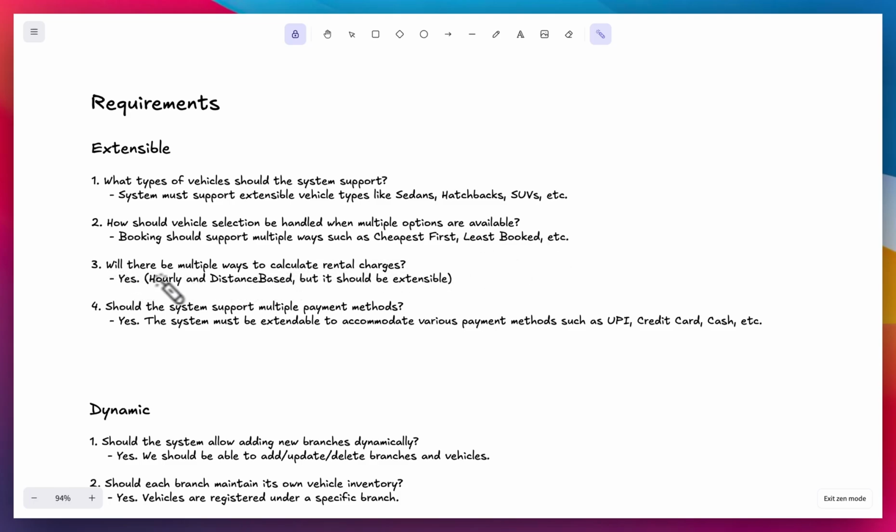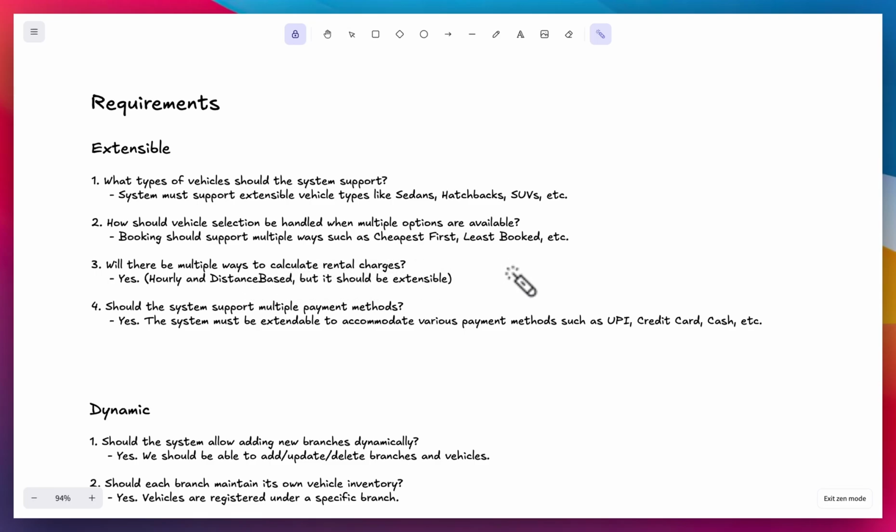Then the third point says, will there be multiple ways to calculate rental charges? Yes, there should be. So again, we can use the strategy design pattern for the same reason that we discussed in the second point. And again, we would have one interface for calculating the charges.